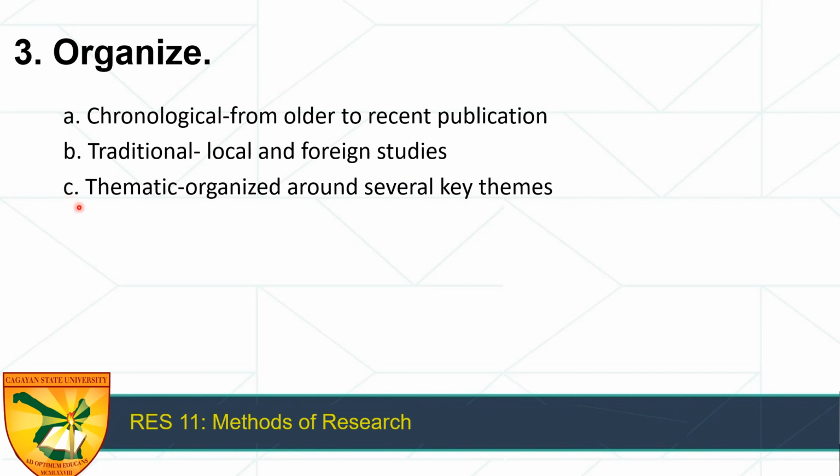And then you can also organize through the thematic method or conceptual categories wherein you organize around several key themes. So thematic reviews of literature are organized around a topic or issue rather than the progression of time. However, progression of time may still be an important factor in your thematic review.